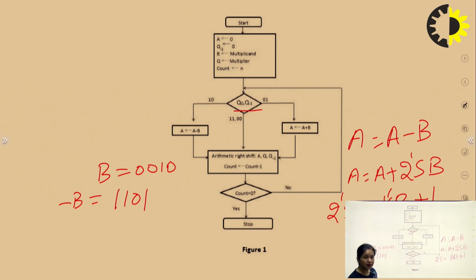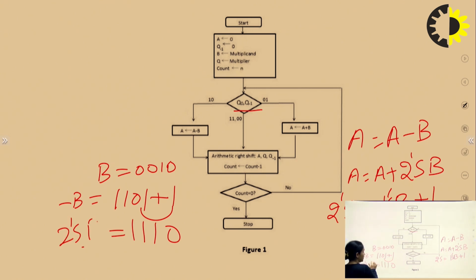In 1's complement, 0 is converted into 1 and 1 is converted into 0. Then we add 1, so it will be 1, 1, 1, 0. It is equivalent to the 2's complement of B. I hope nobody is confused about what the 2's complement is.